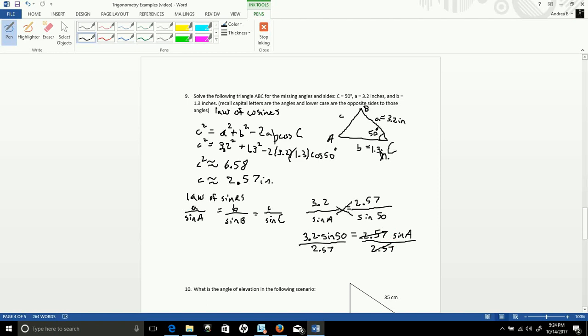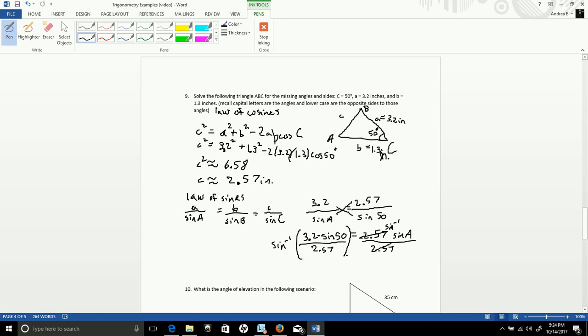And then to get rid of that sine in front of the A, we're going to have to do the inverse sine of both sides to get rid of the sine function. So remember, you can't just divide by a sine. You have to do the inverse sine of this entire answer. So it may be helpful to get the answer first for that 3.2 times sine of 50 divided by 2.57, and then do inverse sine of that.